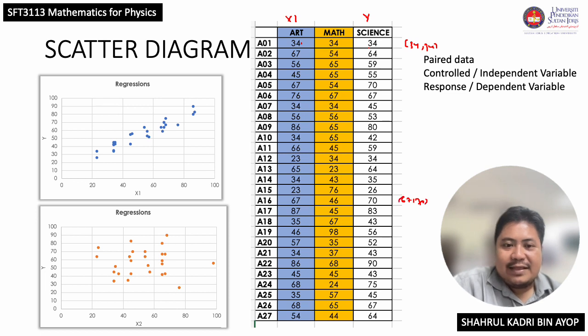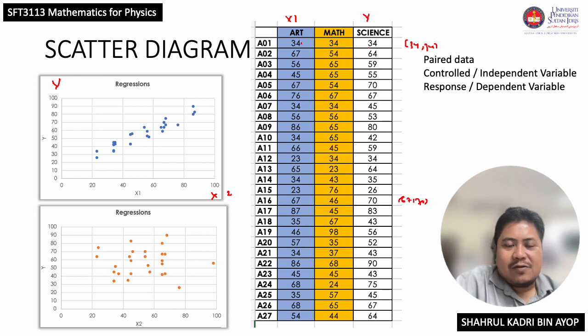We have 27 students, meaning that we have 27 points on this graph, where y is the score in science and x is the score in arts, so that we have 27 points representing each student.